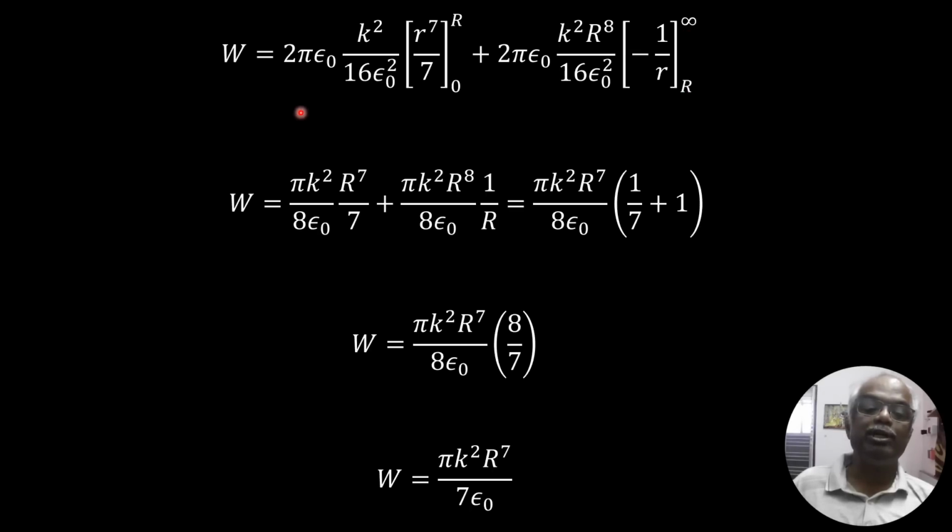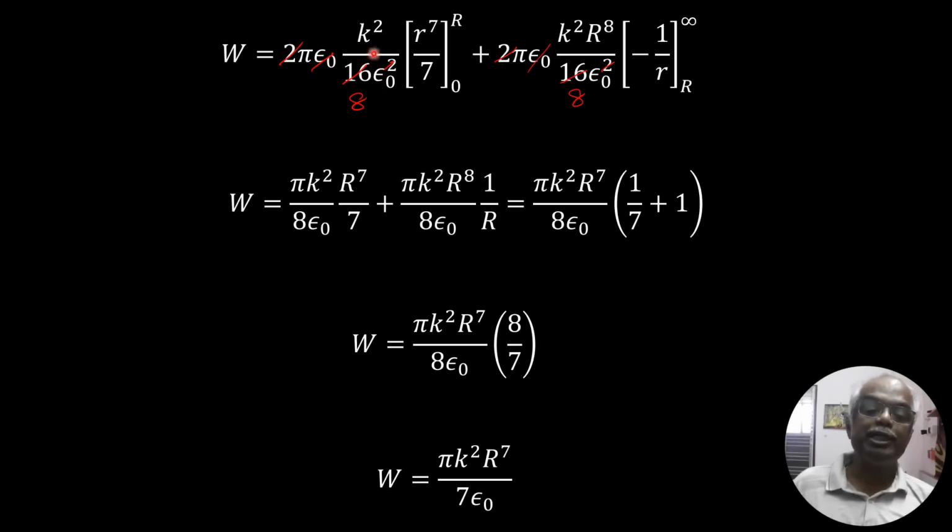So now you can cancel some of the terms. 2 will cancel with this 16, will become 8. This epsilon naught will get cancelled with the epsilon naught squared, this will simply become epsilon naught. Same thing here, 2 in 16 will become 8, and this epsilon will get cancelled with this square.